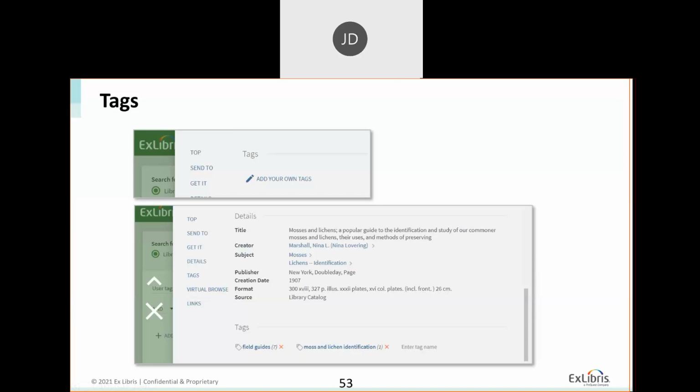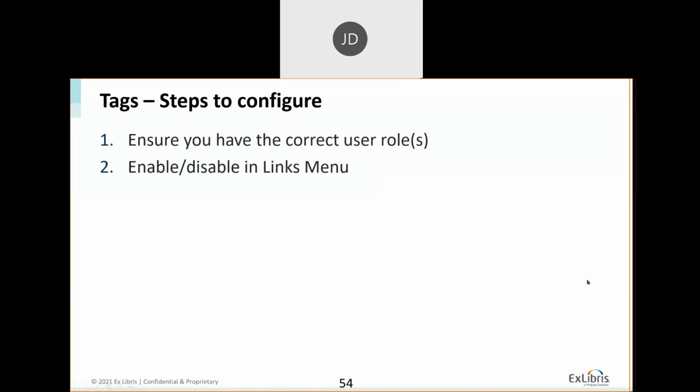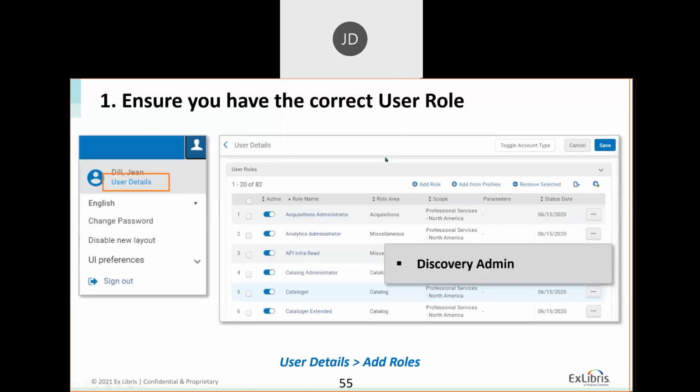If someone else added the tag, I see the tags, but I cannot take them away. I don't control another searcher. And this is as a searcher. I don't control someone else's tags. I need to have the correct user role. I need to enable or disable tagging in the links menu. Now I'm going to show you how to manage tags as a staff member. For this one, we only need Discovery Admin.